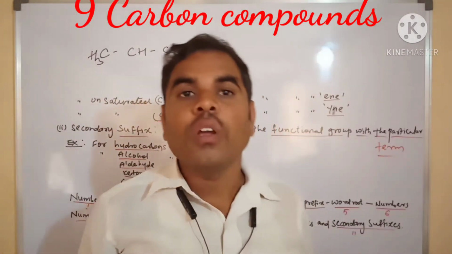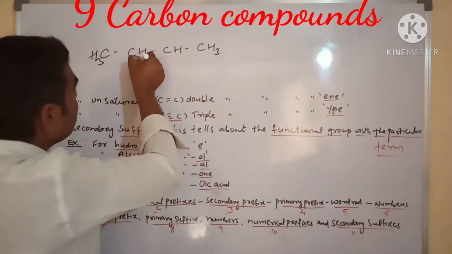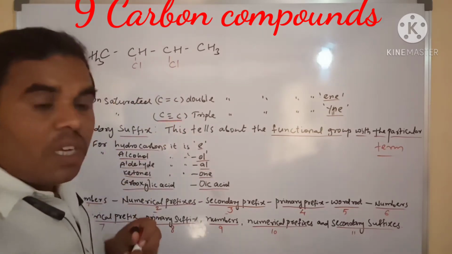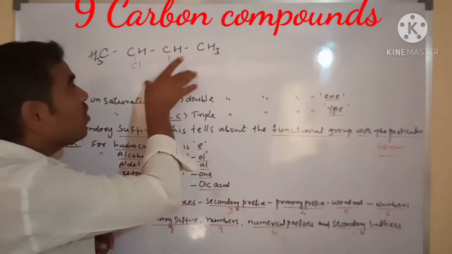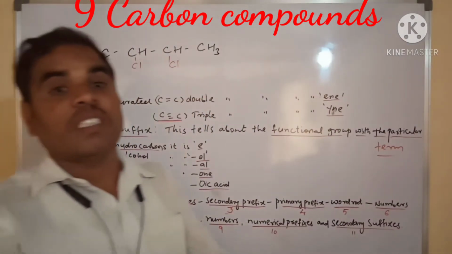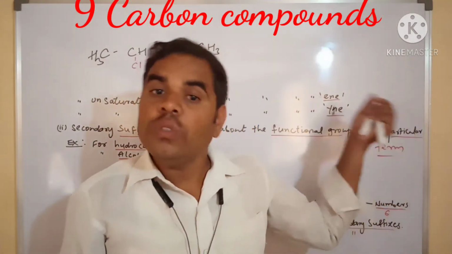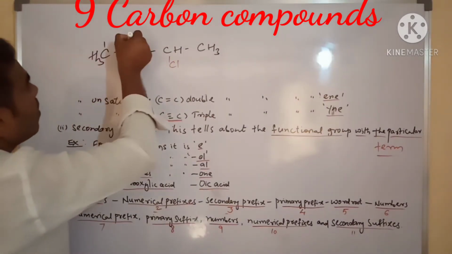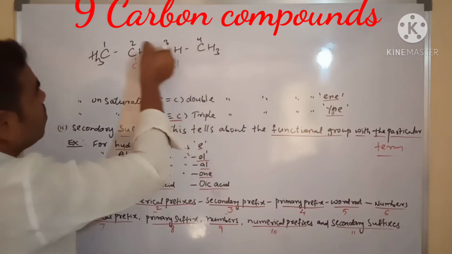We have to give the number. We number from the carbon nearer to the functional group, and we have to go that way. See, 1, 2, 3, 4. You can also take it from this side, 1, 2, 3, 4.